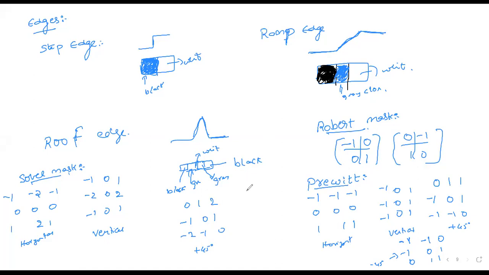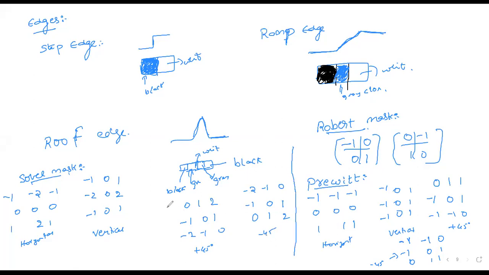Next, -45 means -2 -1 0, -1 0 1, 0 1 2. Okay, this is -45.